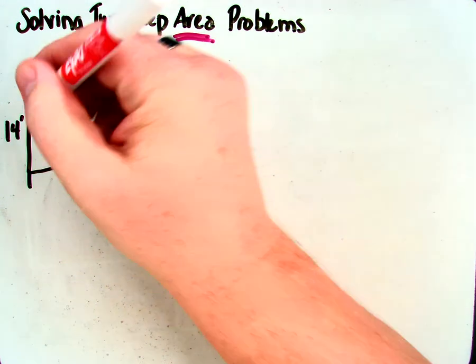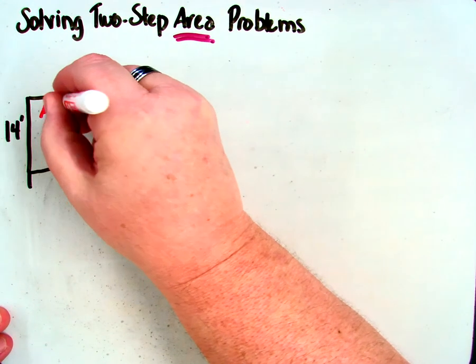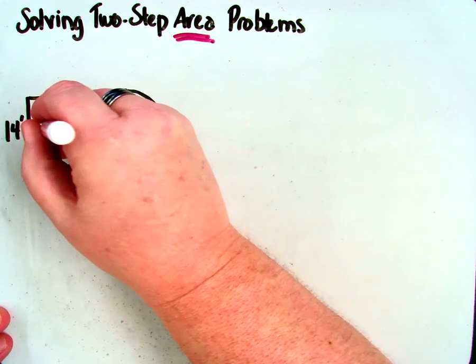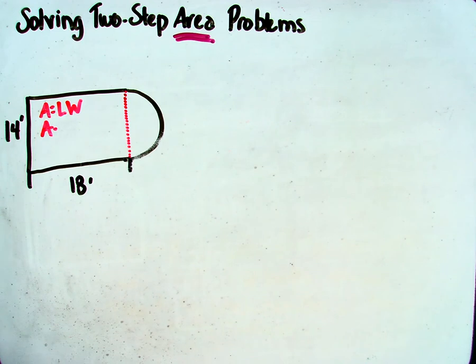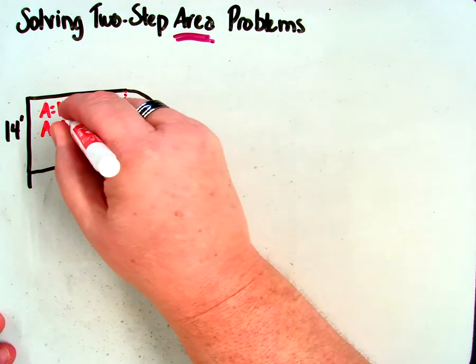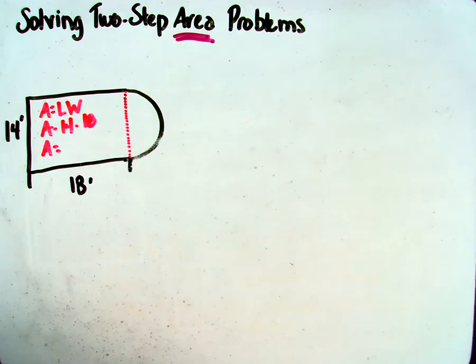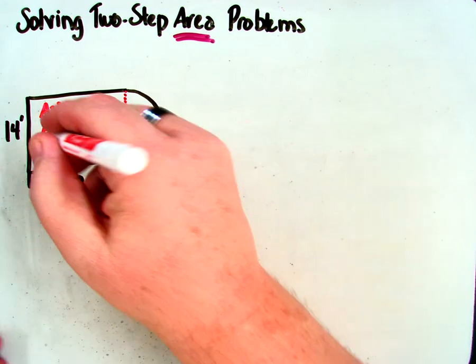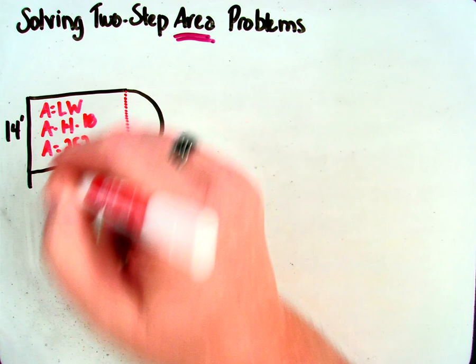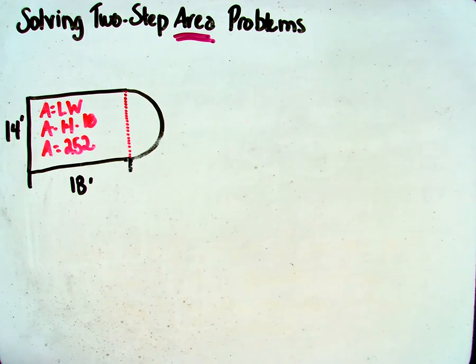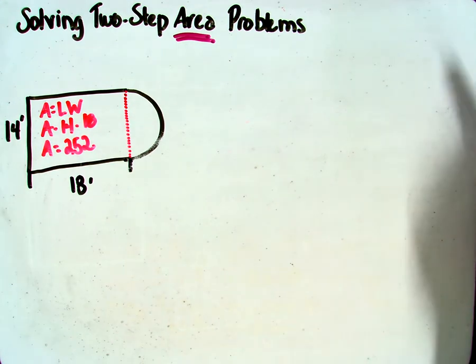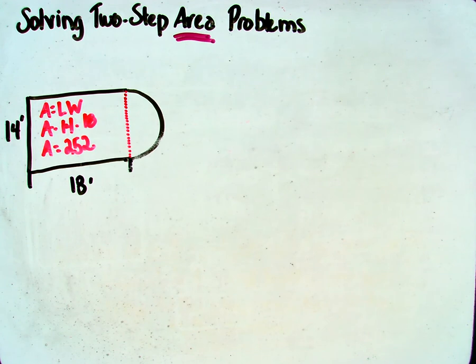Yes, sir. It is length times width. And what is our length? And our width? And 14 times 18? 252 square feet. Now, if you do need a calculator, you should have a calculator inside your desk.